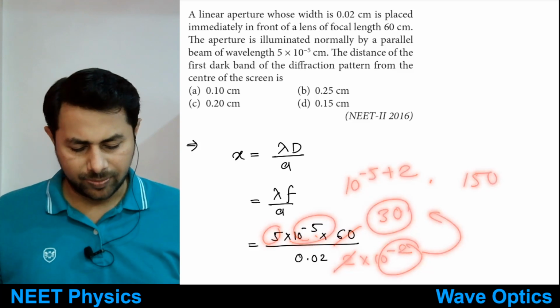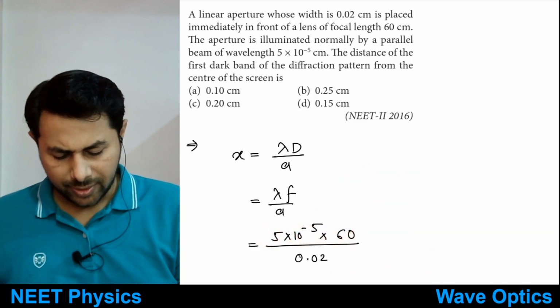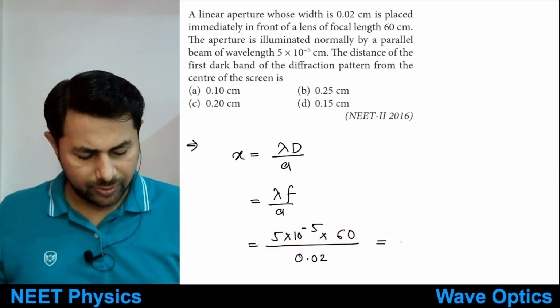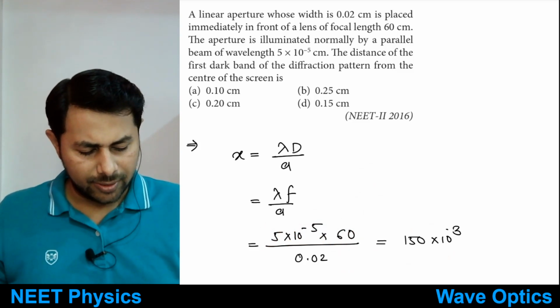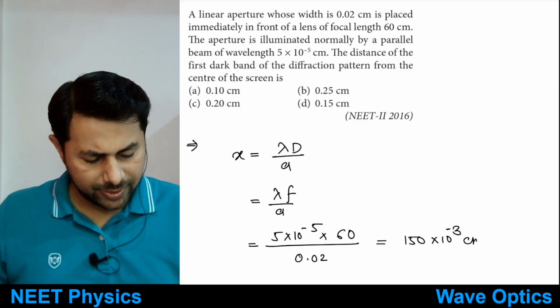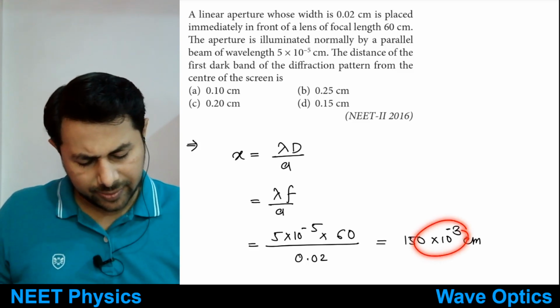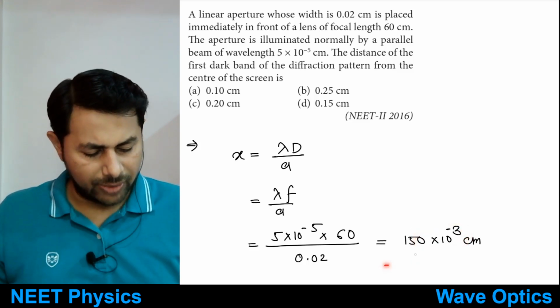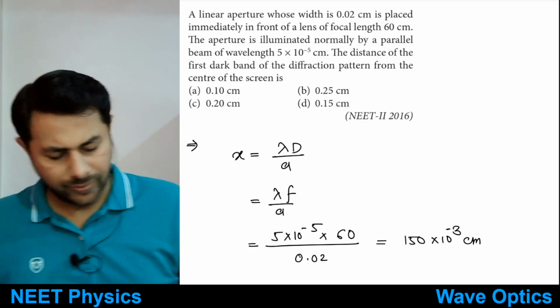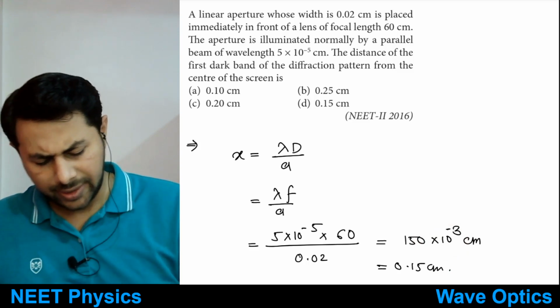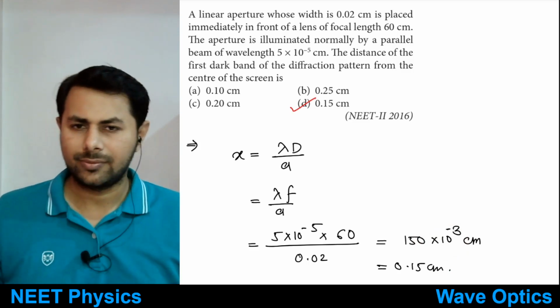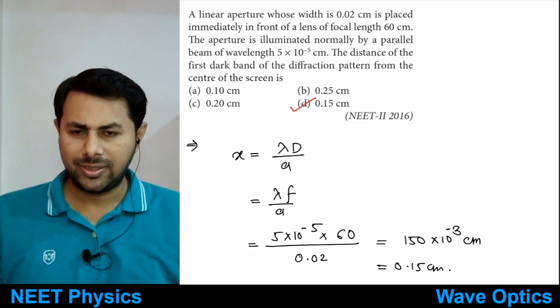So this is equal to 150 multiplied by 10 raised to minus 3 centimeters, and that is 0.15 centimeters. So that is the answer. It's option D. Right? Very simple.